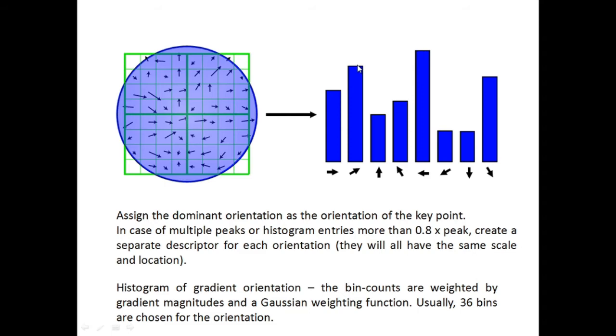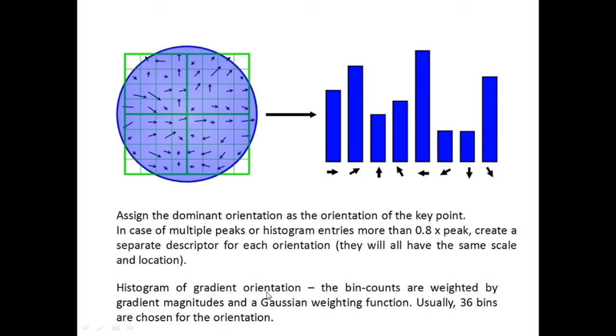If this is my 100%, then this is obviously 80% of the peak. For these we also have to create a separate descriptor for this orientation. For this orientation I know how I will be creating a descriptor, but for these 2 different orientations also I need to create a separate descriptor.